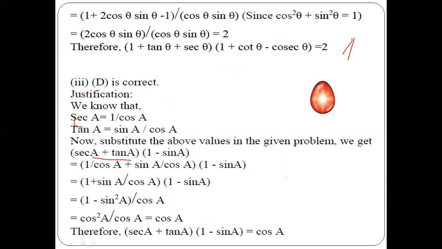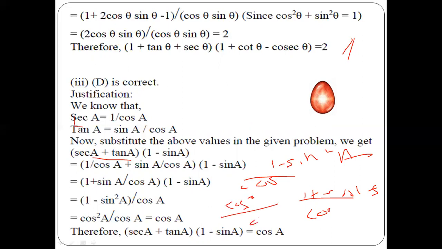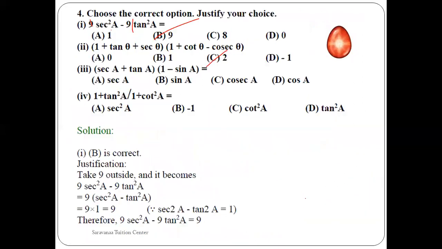So, 1 by cos plus sin by cos into 1 minus sin equals 1 plus sin by cos into 1 minus sin. That will be 1 minus sin square A by cos. 1 minus sin square equals cos square. Cos square by cos, cancel. You get cos. Cos A is the answer. See? D is the answer.